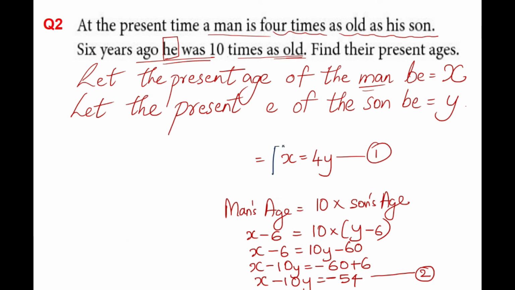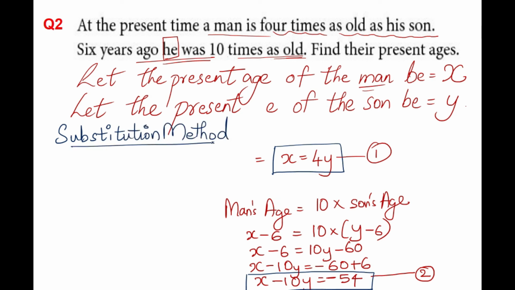Looking at the equations, I have x equals 4y, which is my first equation, and I have x minus 10y equal to negative 54. So I'll be using the substitution method where I'll be replacing x with 4y. So using the substitution method, x minus 10y equals negative 54, which is my second equation.